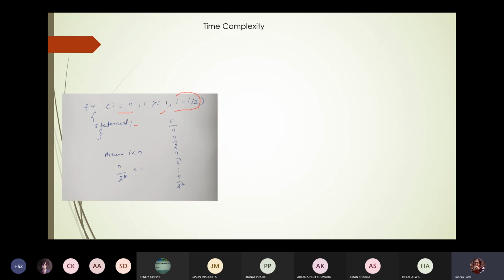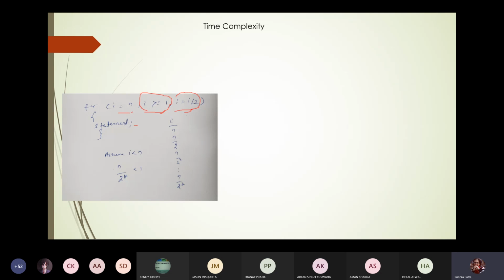Then next case it will be n by 2 square, and so on. It will go till n by 2 to the power k. So this is our condition, till this we can check. So how many times will it be executed? Obviously it won't be executed n times because of this condition. So it will be executed, let's suppose, k times.